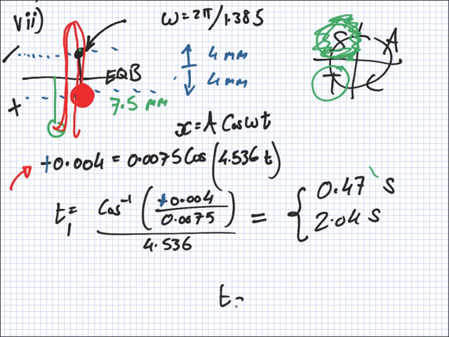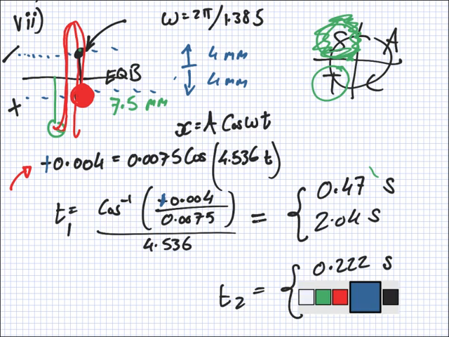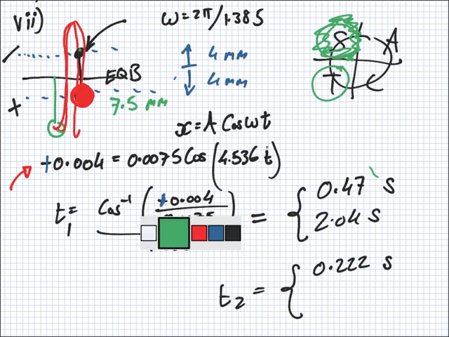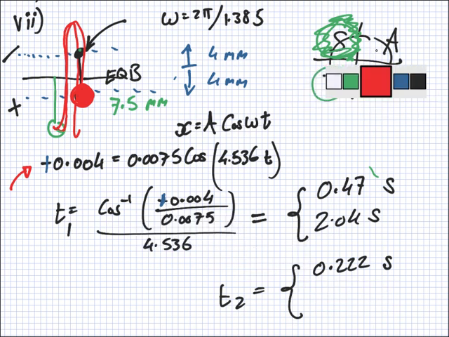So then T2 will equal .222 seconds. Now we have to get the second answer. Okay. So because we're looking at positive, which quadrants are we in?